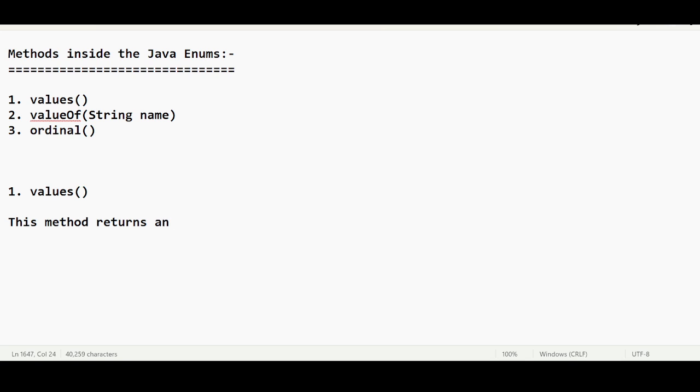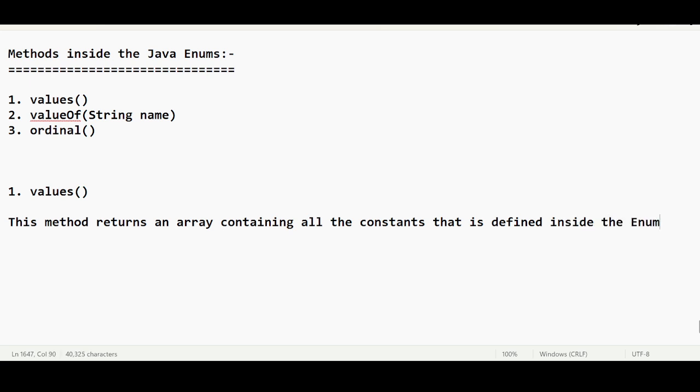It is going to give you an array containing all the constants that are defined inside the enum, in the order in which they have been declared.